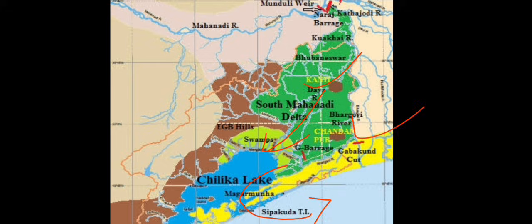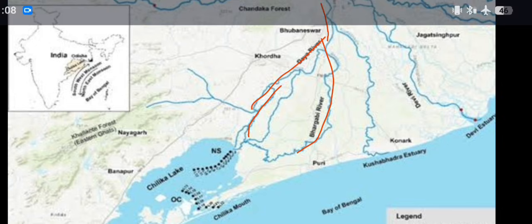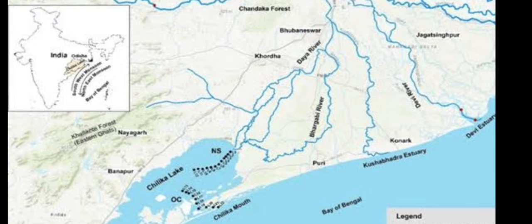Okay, look at this, you can easily see. This is Daya river and this is Bhargavi river that form from the Mahanadi delta. Here is the Mahanadi river, and that flows into the Chilika lake, and from here that drains into the Bay of Bengal through Chilika mouth. So this is all about it.